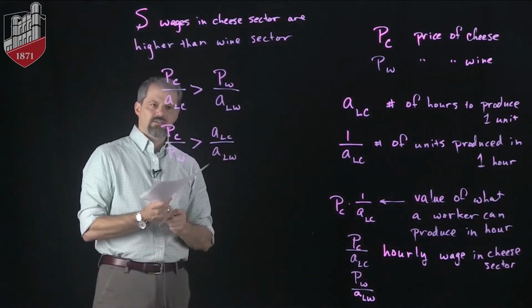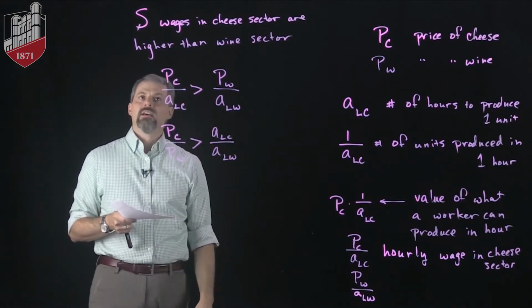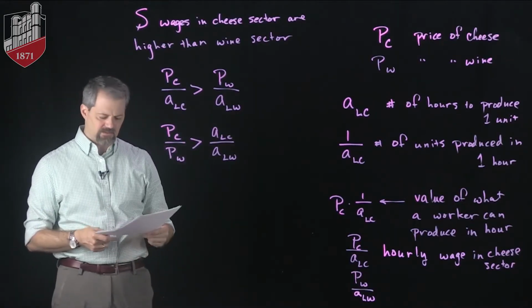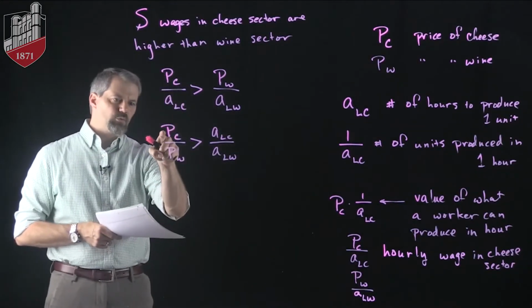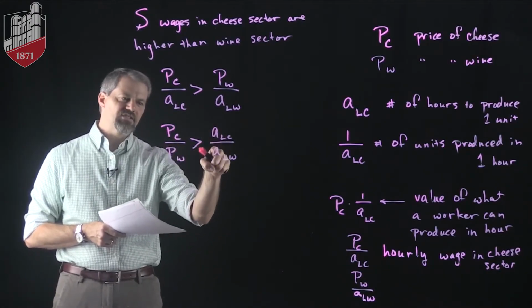So there's an equivalent statement to this one. Okay? So if wages in the cheese sector are higher than wages in the wine sector, then that tells us that the relative price of cheese is higher than this slope right here.